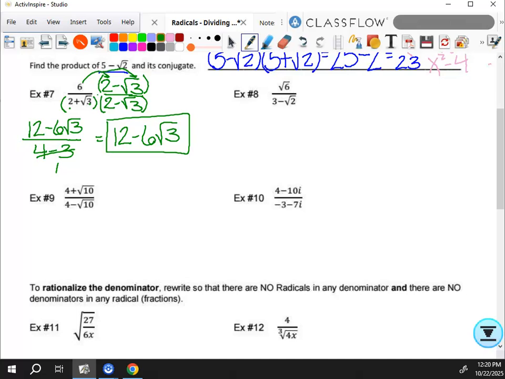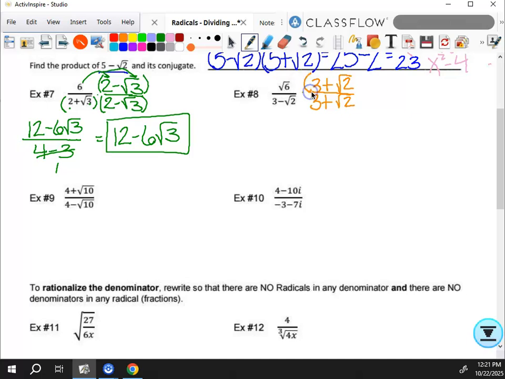All right, so now on example 8, we have a square root in the numerator also. I don't care about the square root. You can have square roots in the numerator all day long. What I care about is the denominator. So that's got to be 3 plus the square root of 2 over 3 plus the square root of 2. Okay.